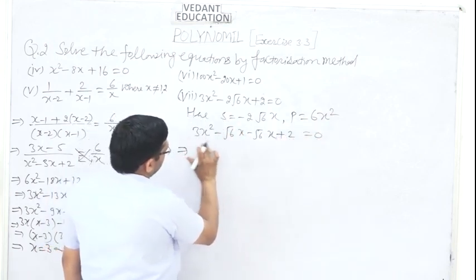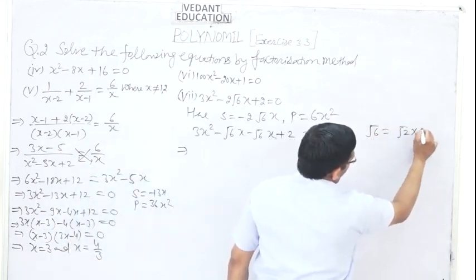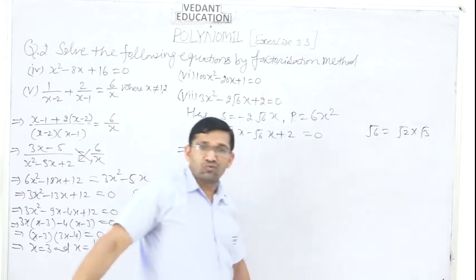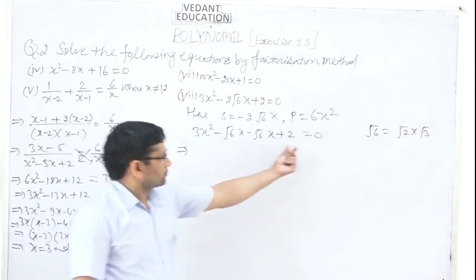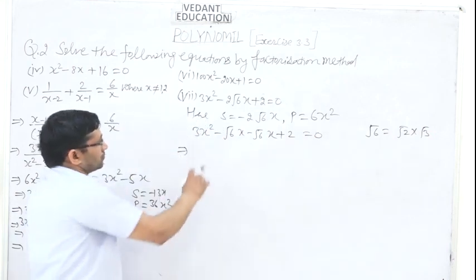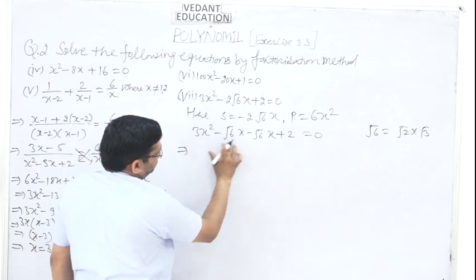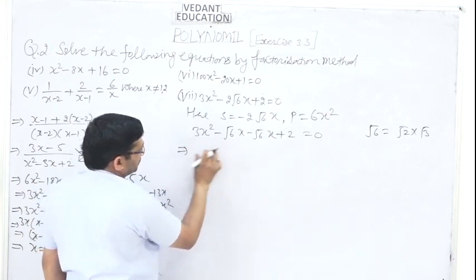That implies we can write root 6 equal to root 2 multiply root 3. So here, what is common? Root 3 is common.